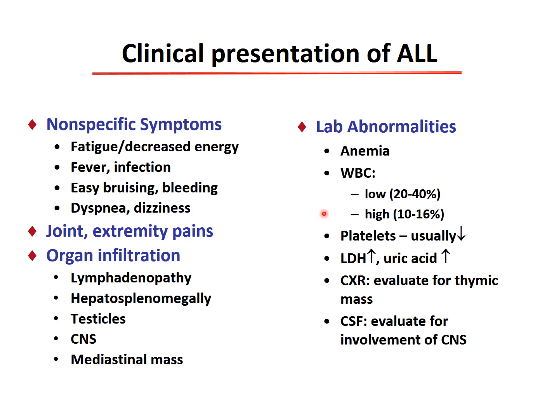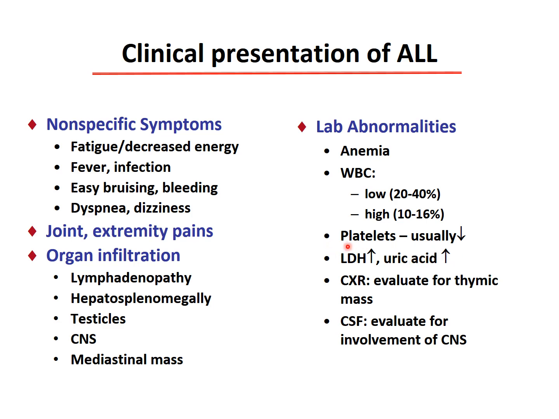All right? Now, the laboratory abnormalities usually measure what we already discussed here. They measure anemia, when the hemoglobin content, hematocrit, or red blood cell content is less. White blood cell count can be high or can be low, as I mentioned. Platelets are usually decreased. LDH and uric acid: serum LDH and uric acid levels are usually higher.